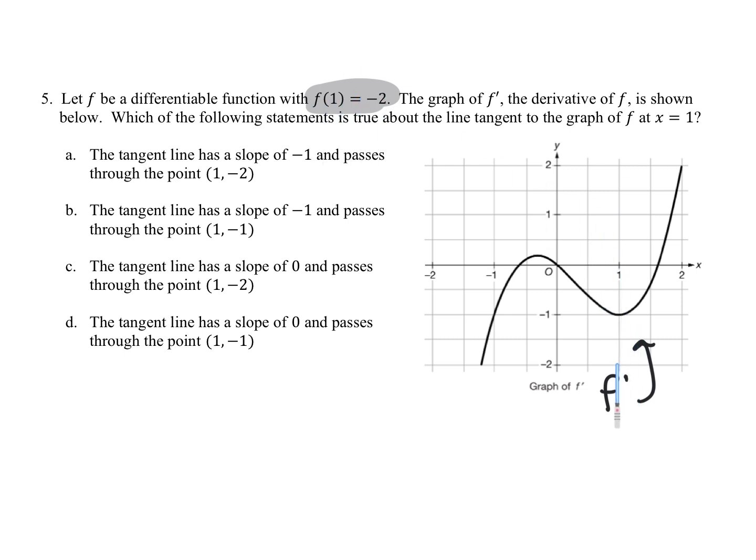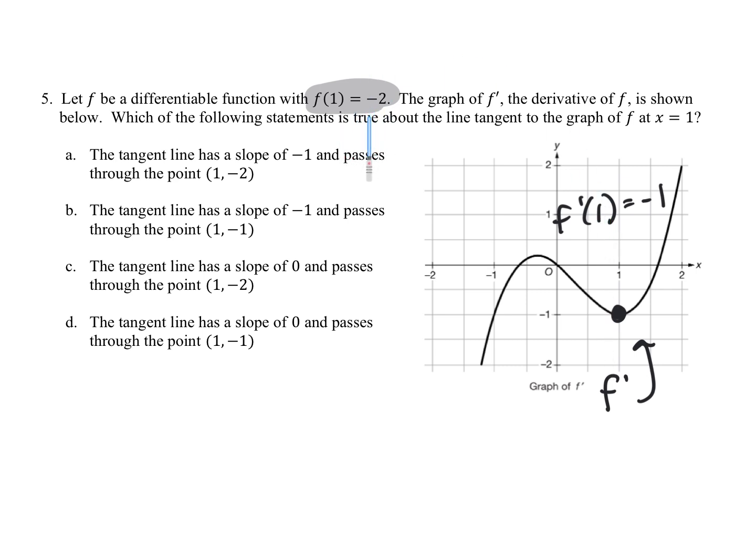But my function has the slope of what when x is 1? Negative 1. We have to use this as that coordinate. We would say f prime of 1 is negative 1 because they gave us a graph of f prime values. So the slope of my function has the value of negative 1 at that point.